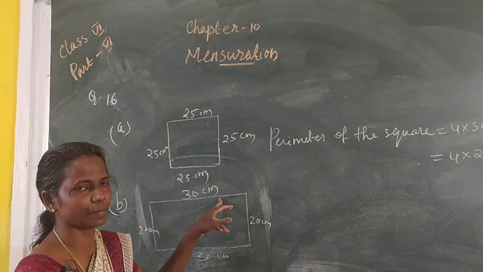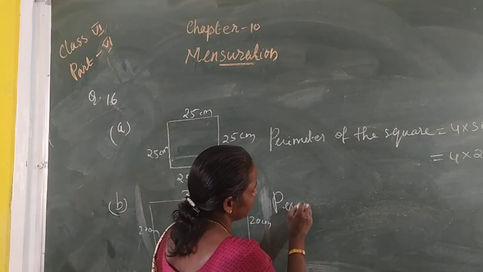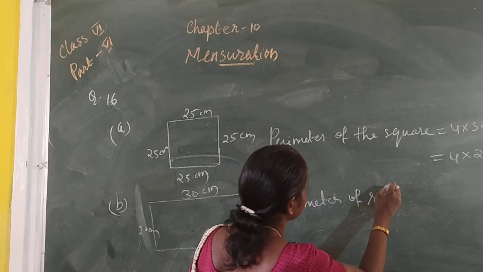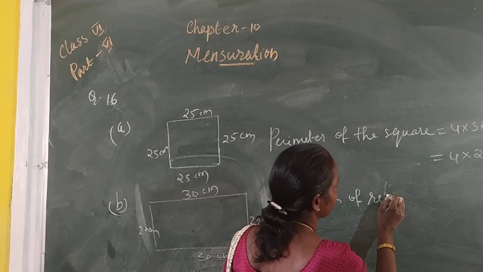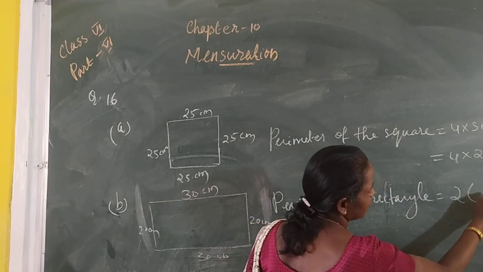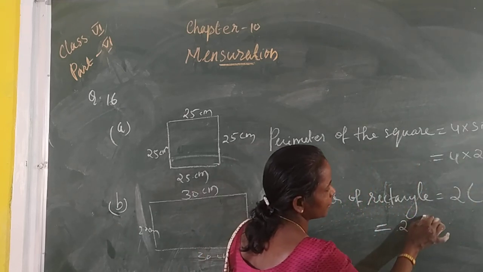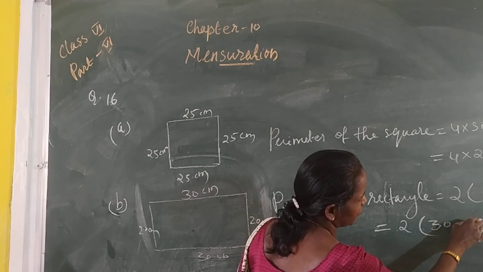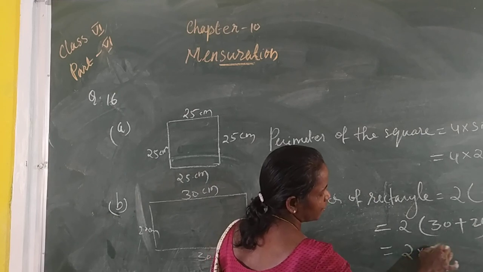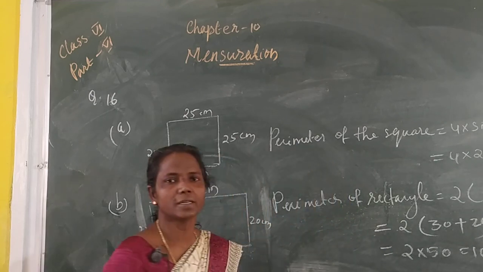This is a rectangle. So the perimeter of the rectangle is 2 into length plus breadth, is equal to 2 into length 30, breadth 20. Then 2 into 50 is equal to 100 centimeters.